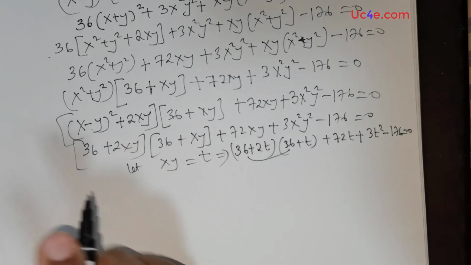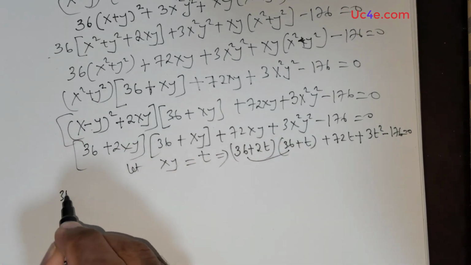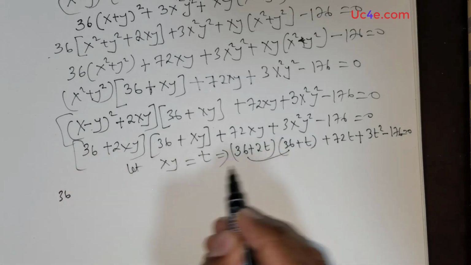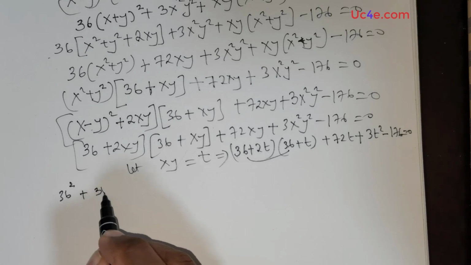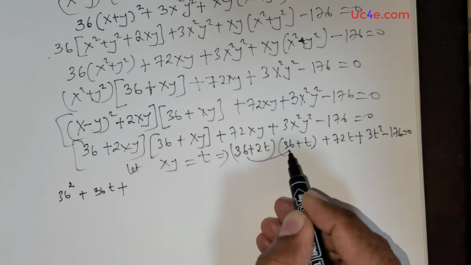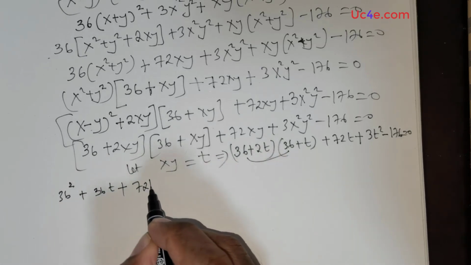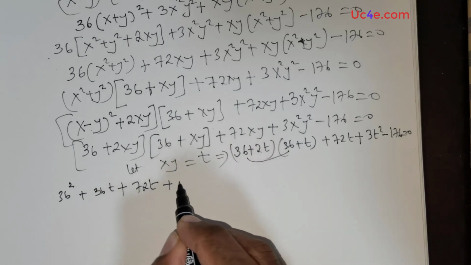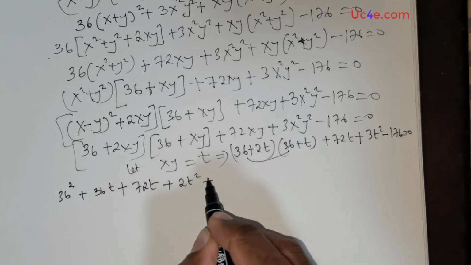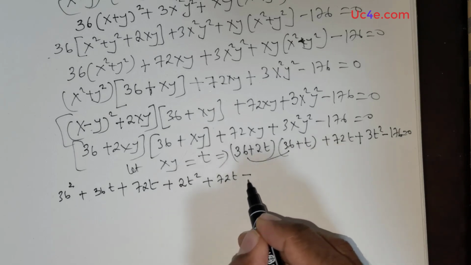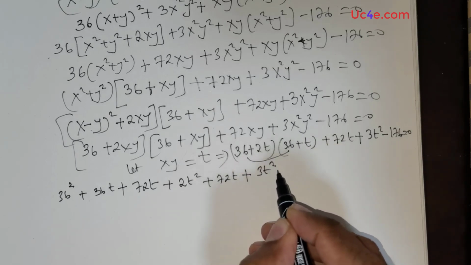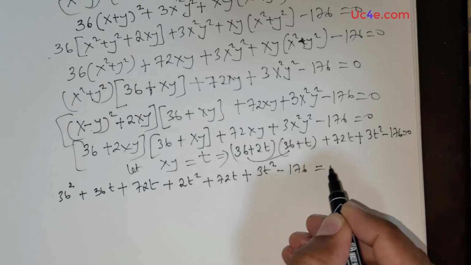So this is going to give me 36 into 36, 36 squared, followed by 36t positive, this is 72t, positive 2 times t squared, positive 72t, followed by 3 times t squared, negative 176 is equal to 0.